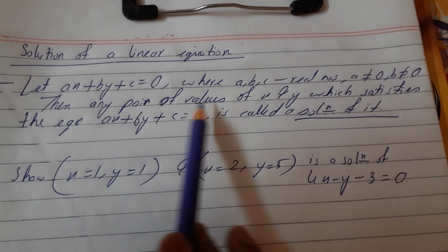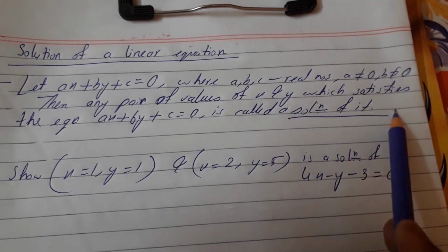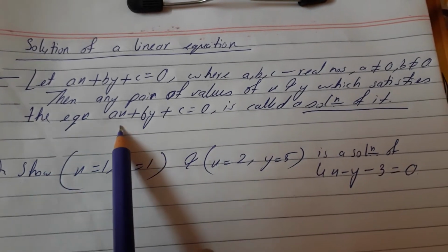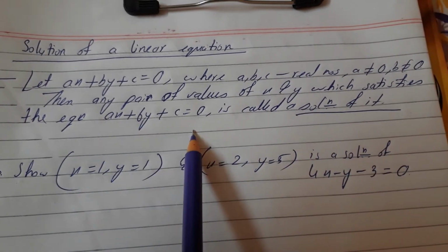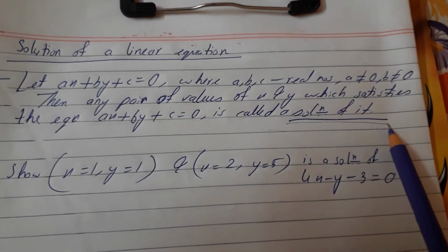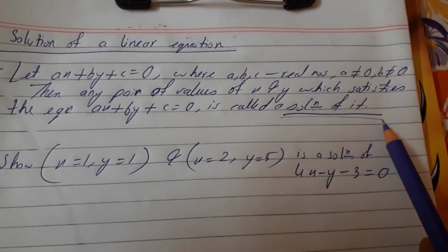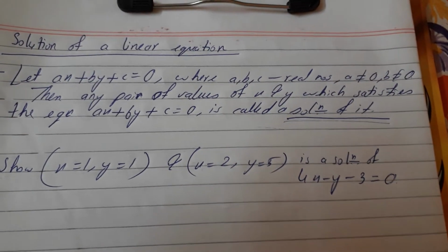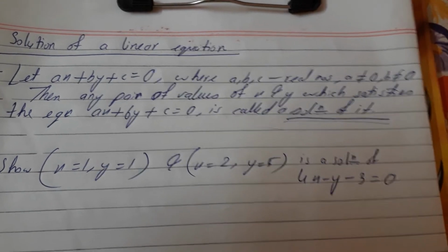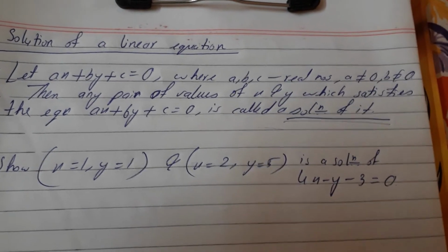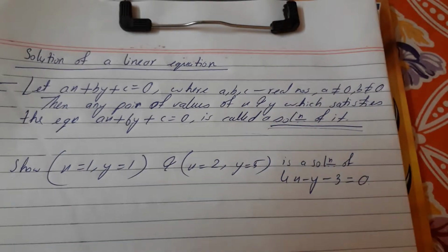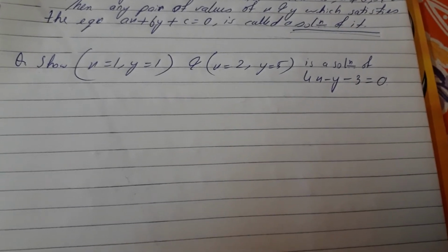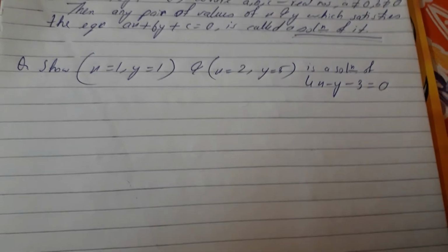Then any pair of values of x and y which satisfies the equation ax plus by plus c is equals to 0 is called a solution of it. Means the values of x and y which satisfy the equation will be the solution of that linear equation. Okay, so let's see with an example, then you can understand well.